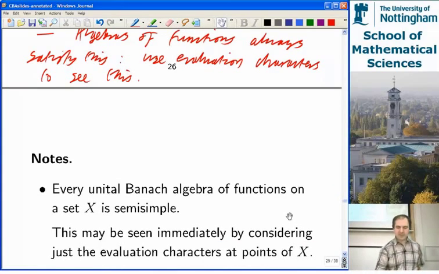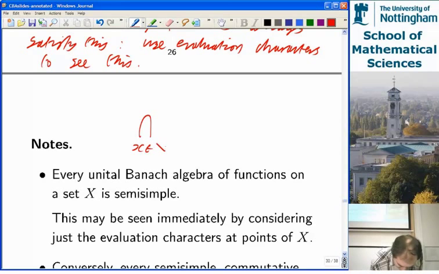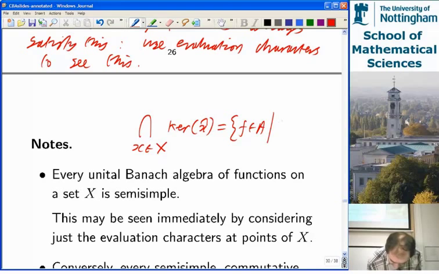So that's this comment here. You've got a unital Banach algebra of functions on a set. You just look at the evaluation character at the point x, and you take the intersection over x in your set X of the kernel of x hat, which is equal to f in A such that f of x equals 0 for all x in X, which is 0 already.